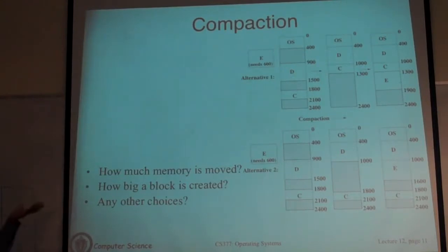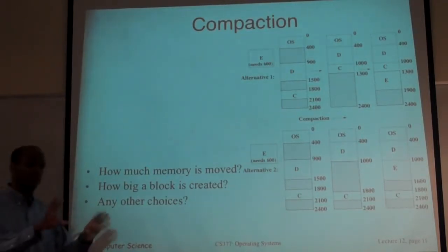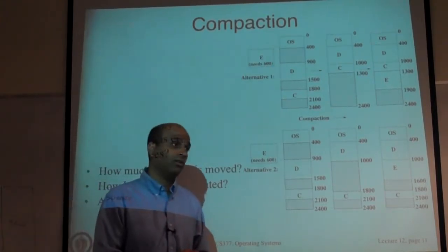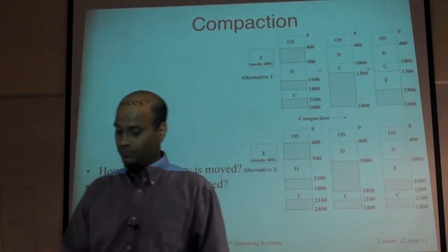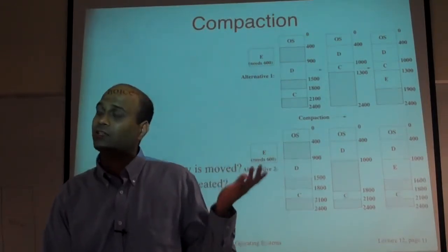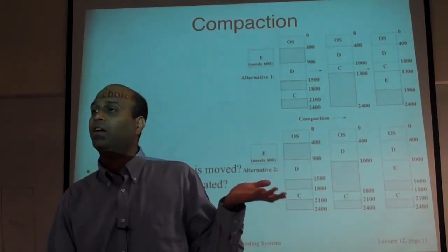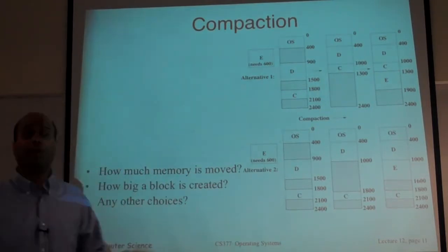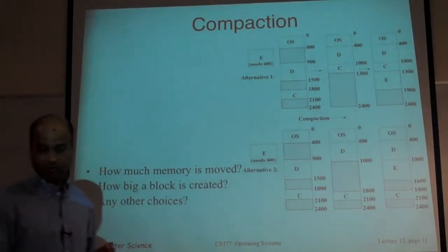In which case, you might actually have to defragment while processes are executing. And clearly, you can't move a process that is actually executing. That won't work. So you can only move processes that are not currently scheduled and so on. This is the equivalent of doing garbage collection. Well, it's not garbage collection, it is sort of collecting fragmented memory, but a similar concept, that you're going and reclaiming memory that's scattered everywhere.